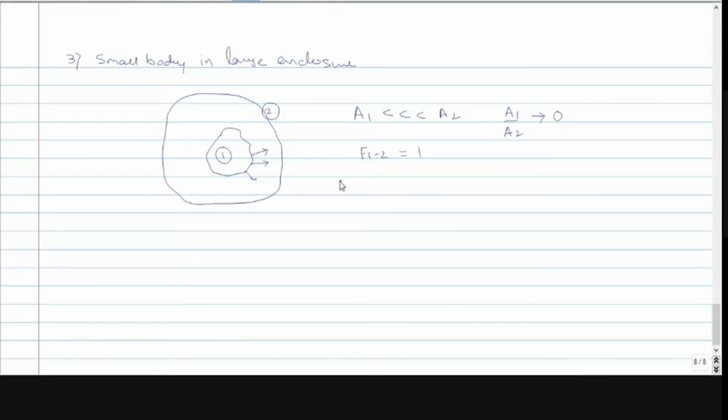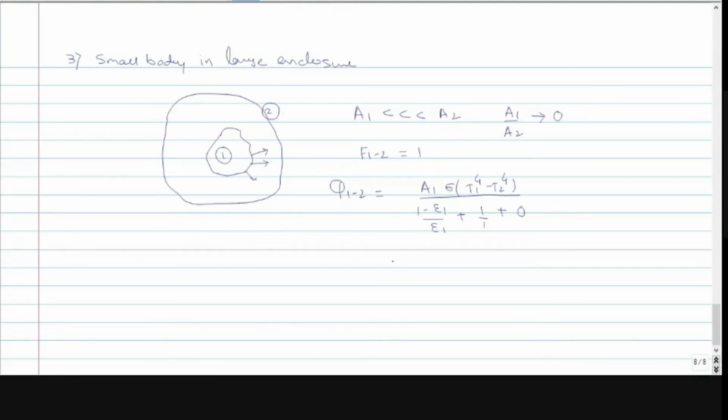So our expression for Q12 becomes A1 into sigma (T1 to the power 4 minus T2 to the power 4) divided by (1 minus E1) upon E1 plus 1 by 1 plus 0, because the A1 by A2 term is 0.